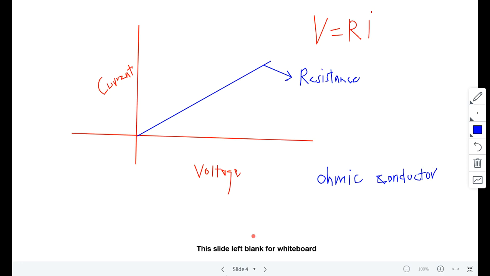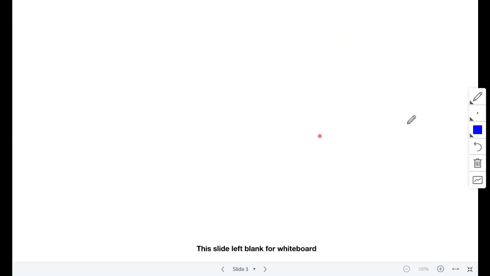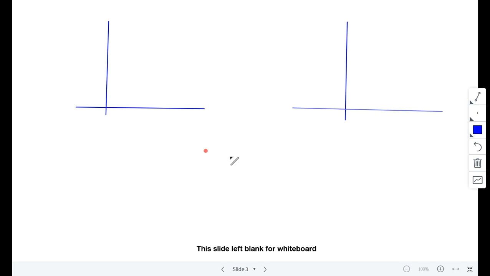Now the next graph is for a light bulb or lamp.